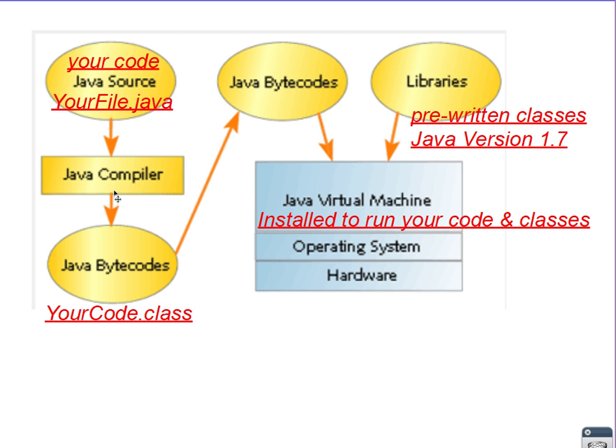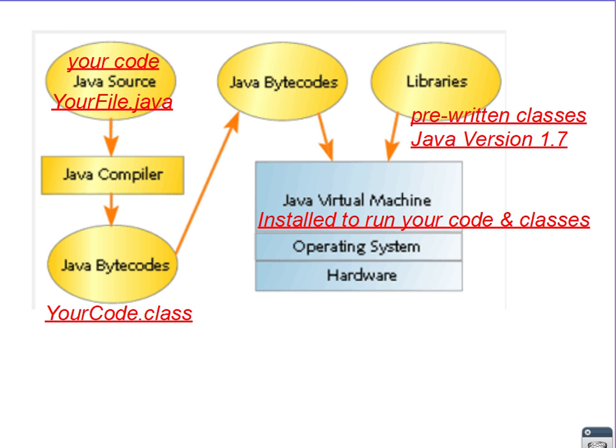So you write your code, you compile it, and a .class file is created, which can only be read by the computers. It's not something that can be read by you or me. I can't open it and say, oh, I understand what you're doing. It's totally unreadable to the normal person. Then the Java virtual machine is going to combine your code with those classes to actually run your program.